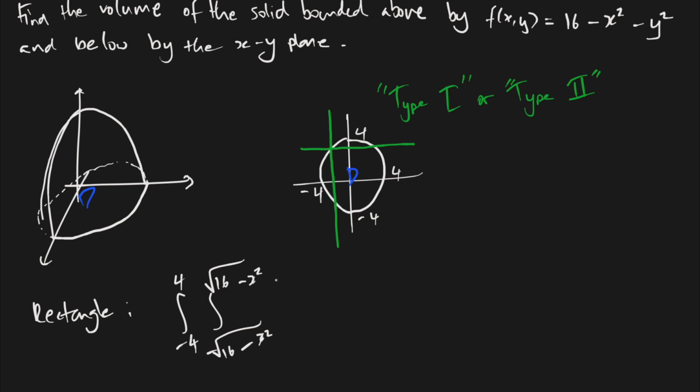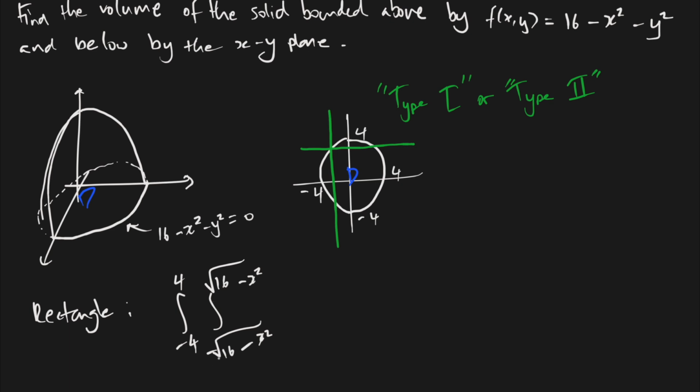And that's because this circle here has the equation 16 minus x squared minus y squared equals 0. So if you rearrange for y, this is what you're going to get, okay?